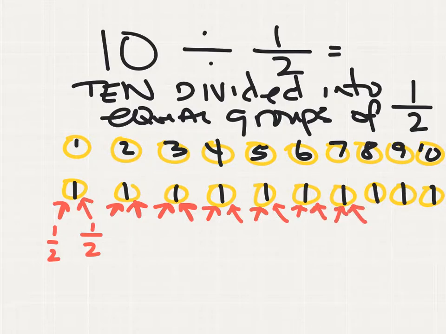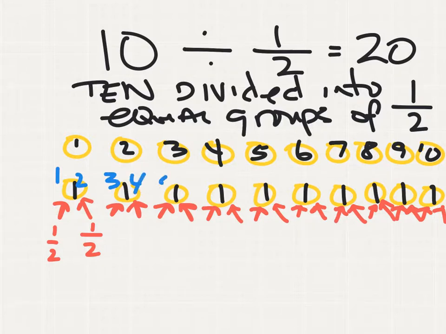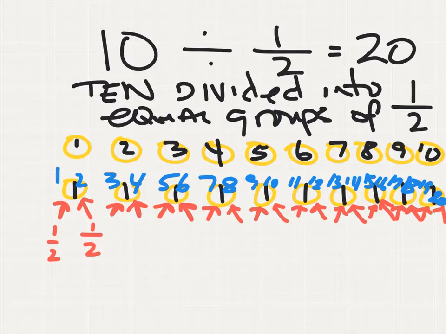So if I took the 10 counters that I had and I cut those 10 counters into equally sized groups of 1/2, we would have 20 halves. We would have 20 equally sized groups of 1/2. These 20 equally sized groups of 1/2 fit inside of 10 wholes. 10 divided by 1/2 equals 20.